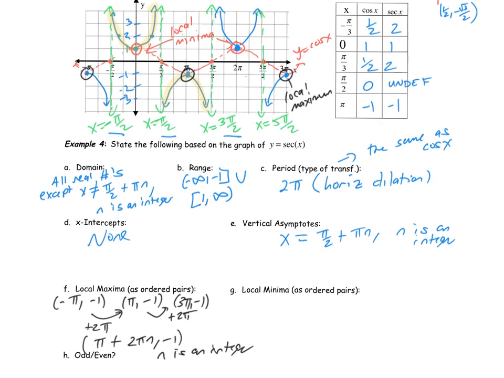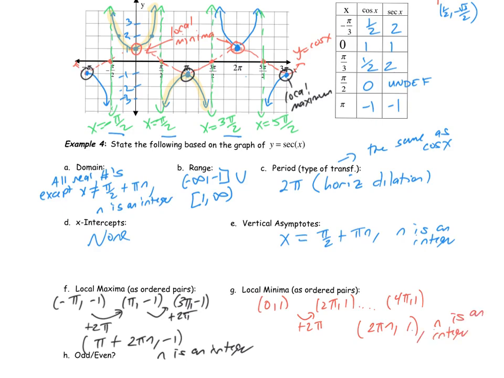So the local minima that we can see on the part that we graphed are occurring at (0, 1) and (2π, 1). So to get from one to the next, we're adding a full cycle, or 2π. There would be another one if we continued on at (4π, 1). So to express all of these, we can pick one. I'm going to pick 0. So we would say 0, which I won't write, plus 2πn. So it's just (2πn, 1), where n is an integer.